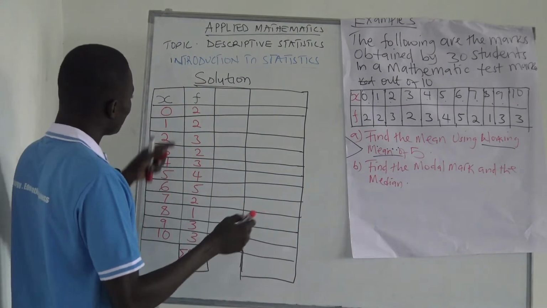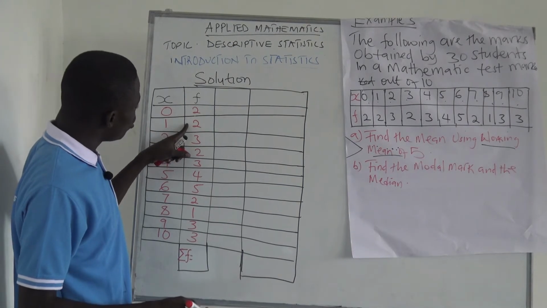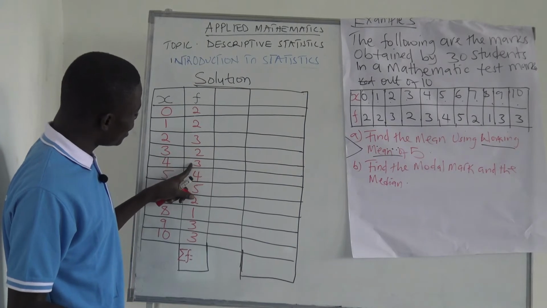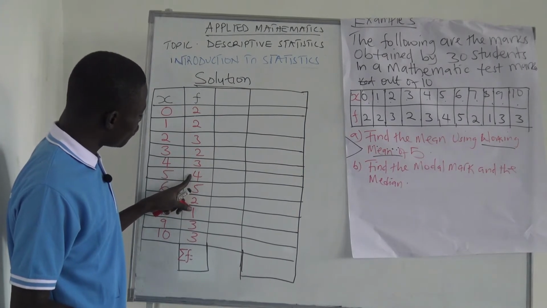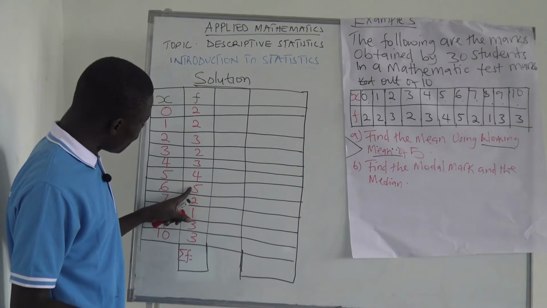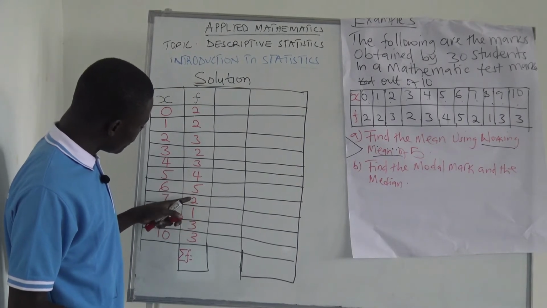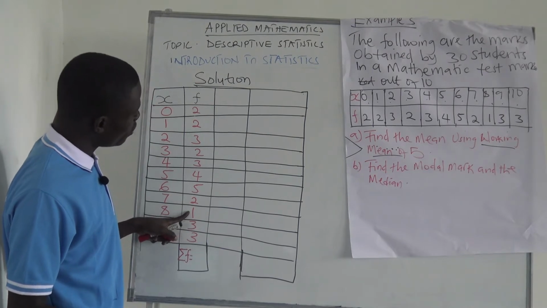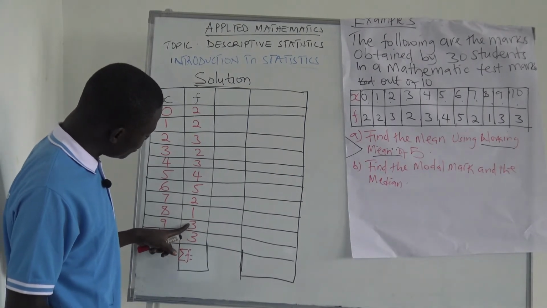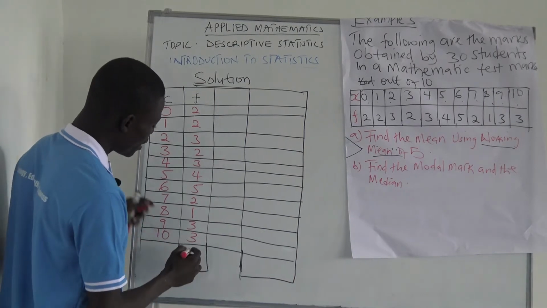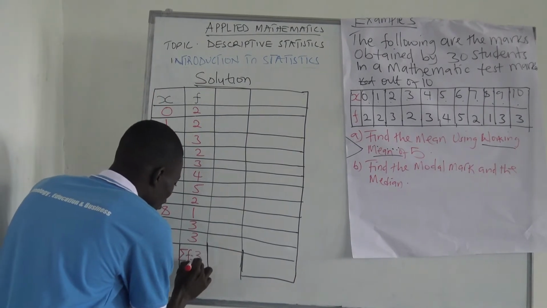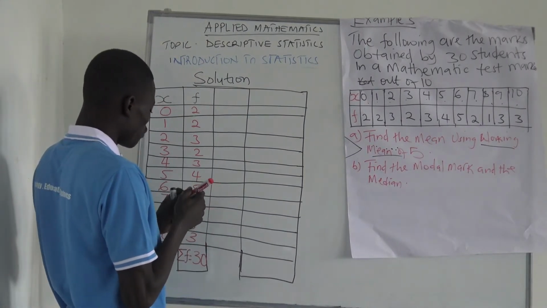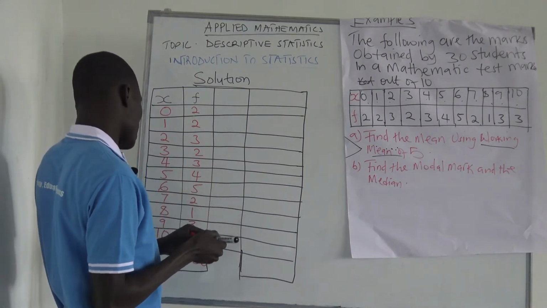So 2 plus 2, 4, plus 3, 7, plus 2, 9, plus 3, 12, plus 4, 16, plus 5, 21, plus 2, 23, plus 1, 24, plus 3, 27, plus 3, which is 30. So our summation of frequency is 30.